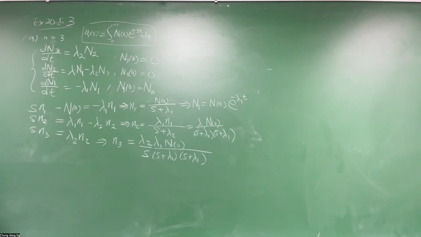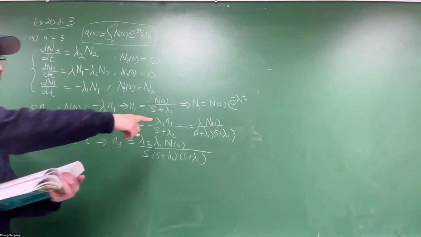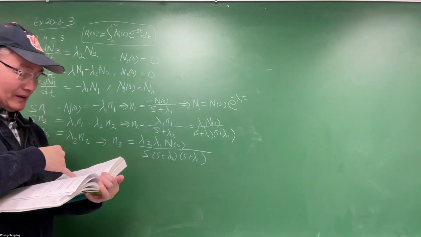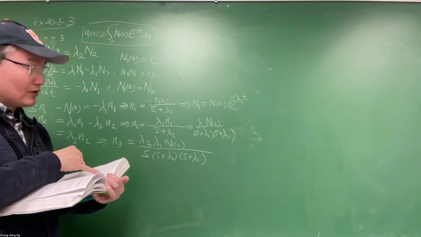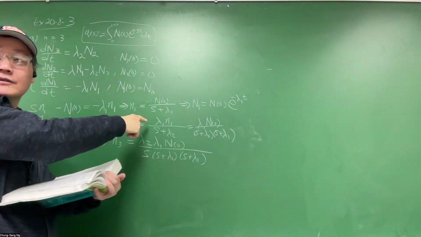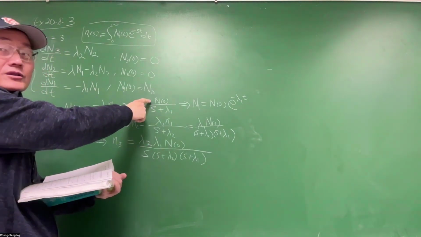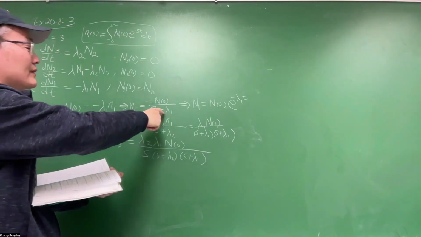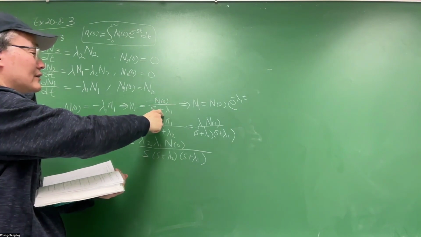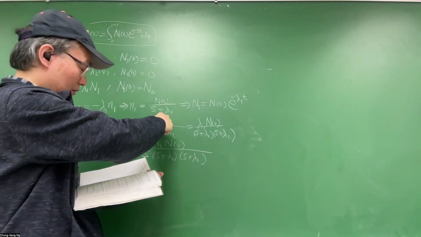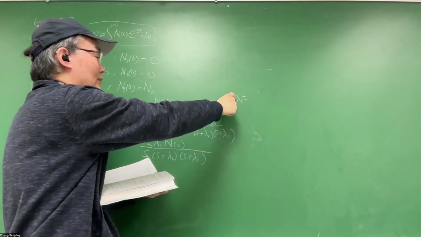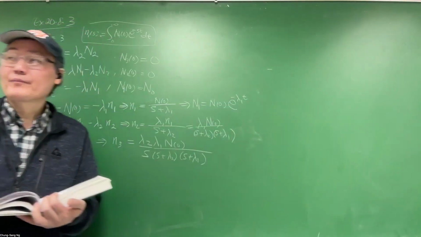Well, this is just by looking up the table. Is that okay? You know what I'm doing? This you look up table 20.1, and item 4 will have this form, right? Other than the constant, you just multiply with a constant, and you just look up the form, and this would be e to the minus lambda 1 t. So just the function will be e to the minus lambda 1 t. Is that okay?